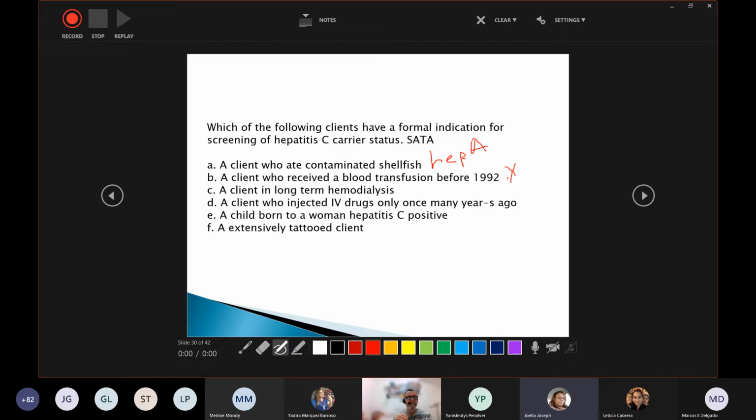So I give you all the story to know that when a person receives a transfusion before the 90s, when hepatitis C was not screened in a transfusion, it is a risk factor. So if I received a transfusion before the 90s, okay, I should be screened because maybe the transfusion had the virus. A client in long-term hemodialysis, yes or no?